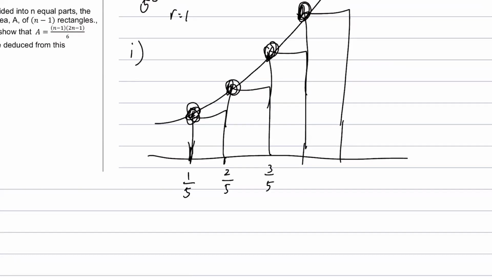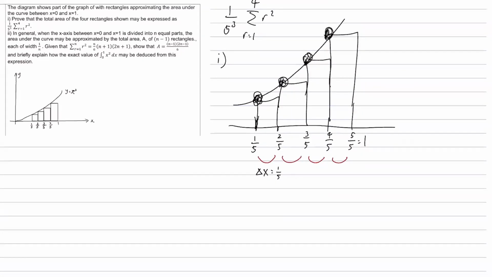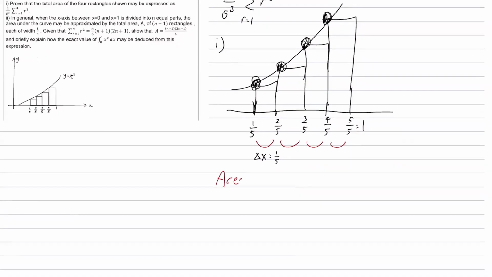So 1/5, 2/5, 3/5, 4/5, then 5/5, which is 1. Here, delta x is equal to 1/5, exactly. So good, you can identify that. 1/5, 1/5, 1/5, 1/5. Then in this case, how do you find the total area of these 4 rectangles? Remember the formula?